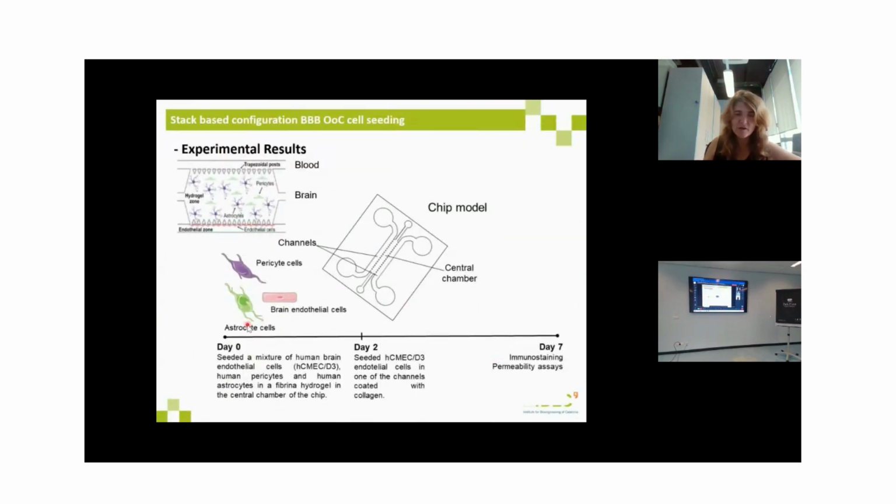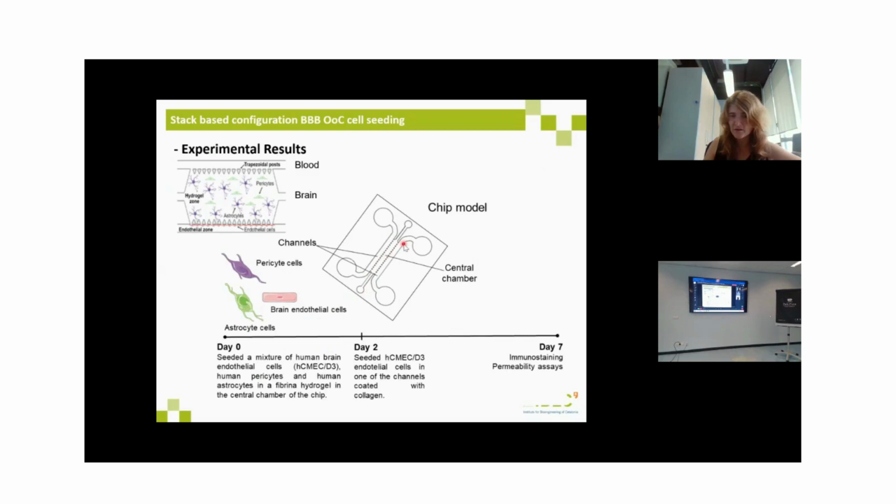Once we have fabricated the chip, we seed this chip following these steps. We start with the brain area, where we seed in the central chamber this hydrogel combined with pericytes and astrocytes. And we leave it to grow this culture for a couple of days, and after these 2 days, we seed the endothelial cells in the lateral channels.